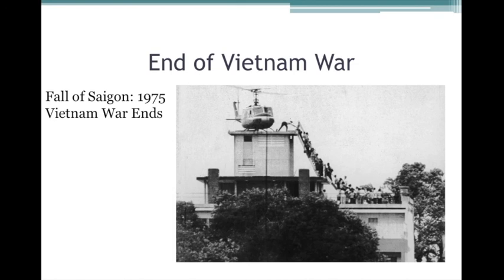So the end of the war comes in 1975 with the fall of Saigon. This is an image of the fall of Saigon. This is the last helicopter going out of Saigon and people trying to get on that helicopter, people trying to escape the soon-to-be communist regime.